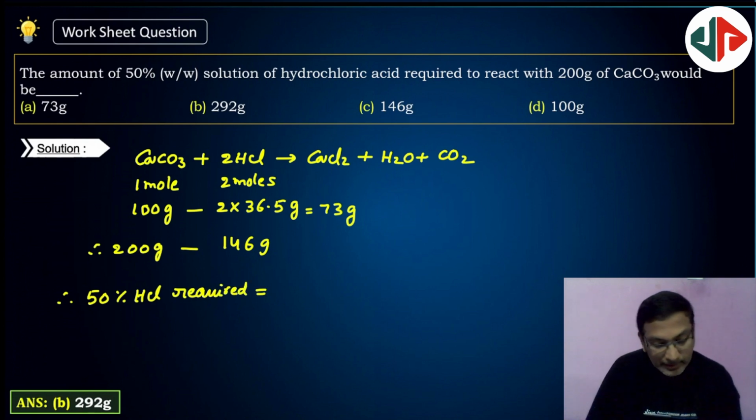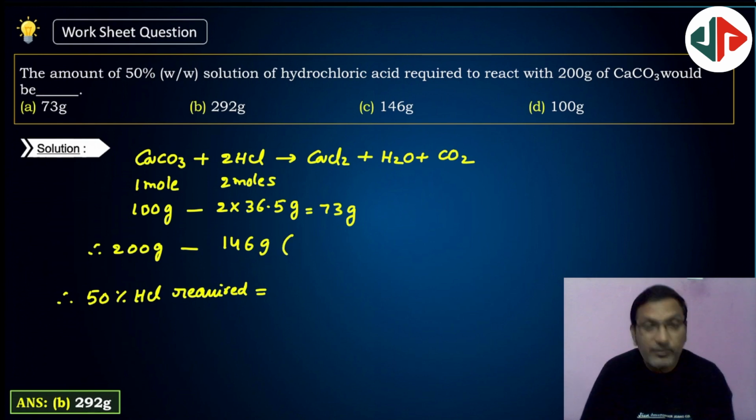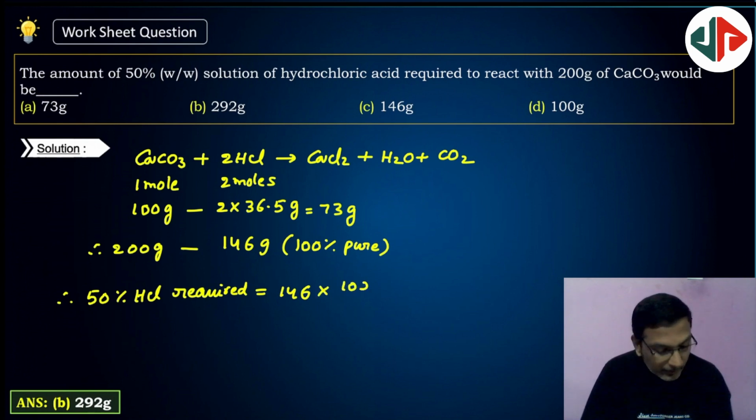So for 200 grams of CaCO3, 146 grams of HCl is required if it is 100% pure. If it is 50% pure, we'll get 146 into more percentage by less percentage. That is 146 into 2.